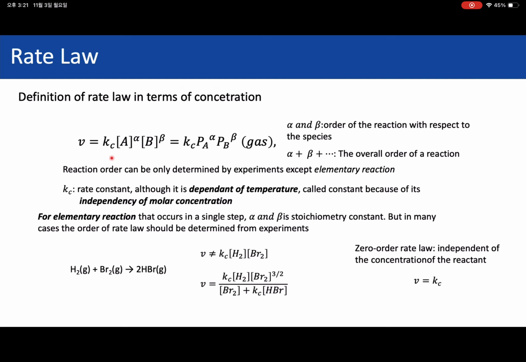More importantly, alpha and beta will be determined by experiment.